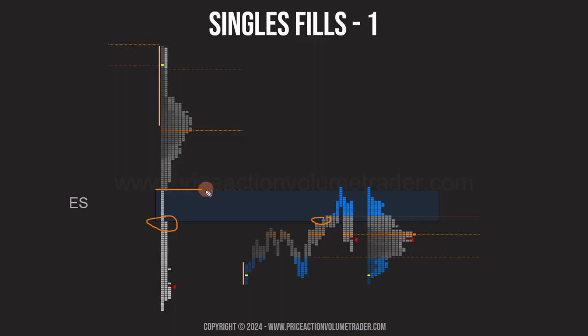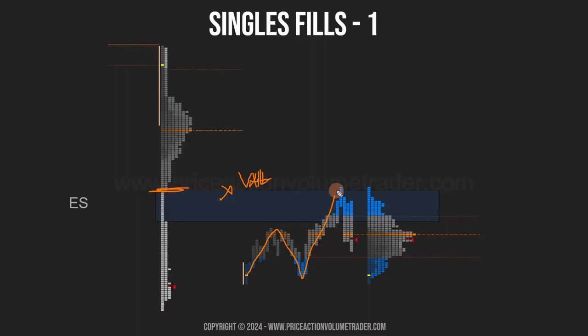So this will definitely be the main area where we expect to see some kind of resistance into the test of this ledge over here. And you can see how the market came up, almost tested it, and we did have a push down, but then it pushed back up right into the valley area low, which happened to be also right in line with the fill of the singles.